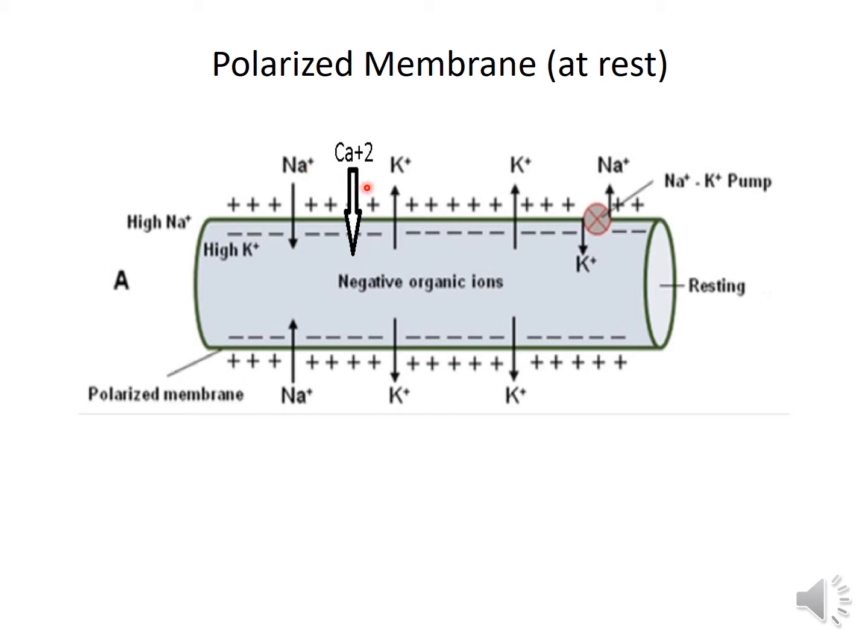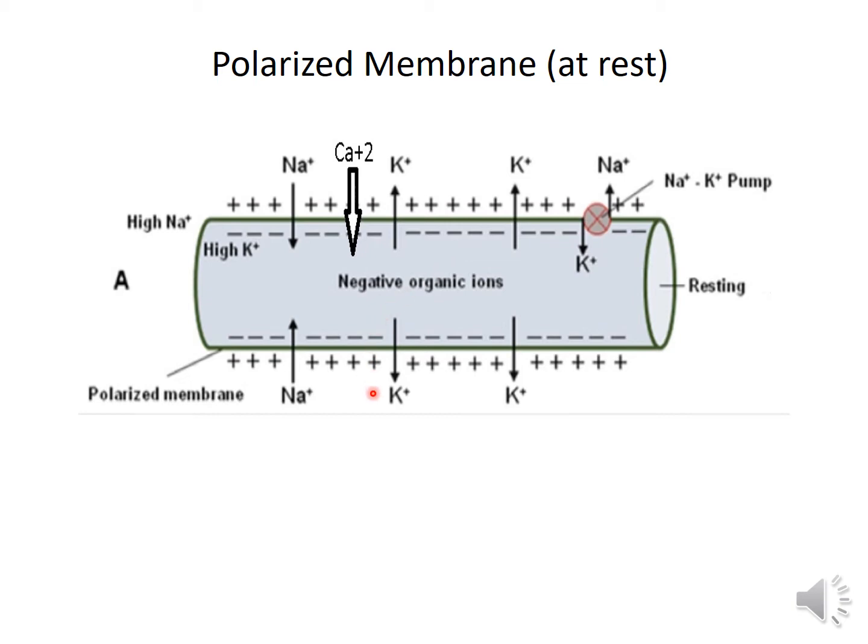Similarly, calcium channels also have a gradient from outside towards inside the membrane. So whenever sodium or calcium channels open in a cardiac myocyte, what happens? The plus ions, that is the sodium ions and calcium ions, flow from outside the membrane to inside the membrane. That results in depolarization of the membrane, because plus ions move inside.